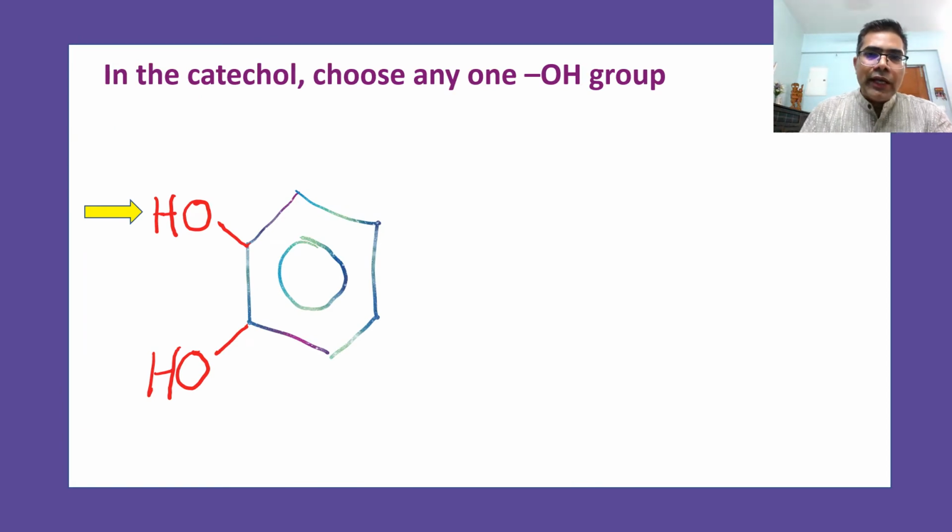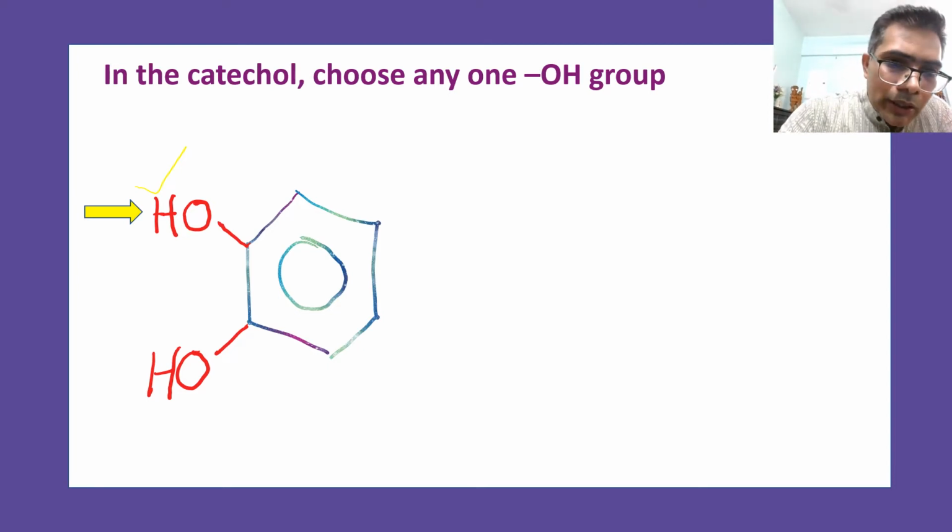Okay, so in catechol, let's fuse it. In catechol, you choose any one OH group. Let's say we choose this OH group, the yellow highlighted one, and from there you start counting the carbon. This is carbon number 1, 2 and 3.